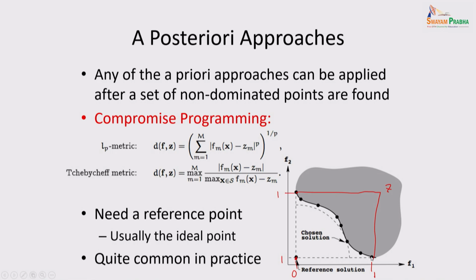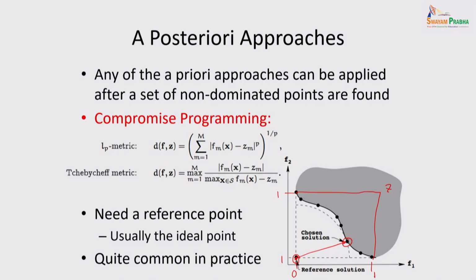Now what you do, from your ideal point, you see which one is closest in the Euclidean distance sense, and that's your pick. You are not going to any decision maker and saying, is F1 more important than F2 or what? You are just geometrically saying, I have these locations of the Pareto points, I'm going to pick the one that is closest to the ideal point. What's the logic of doing that? Because so many people are using it, there must be a logic.